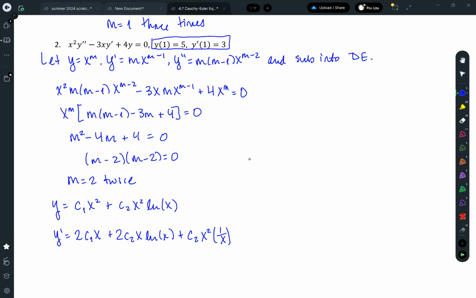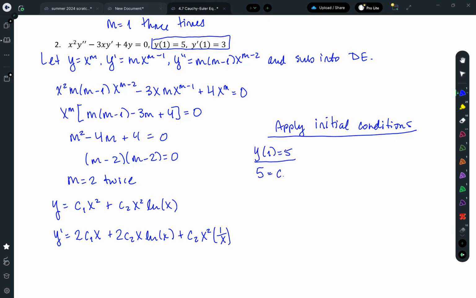So apply initial conditions. y of 1 is 5. That's going to give us 5 equals c1 plus c2 times 1 times ln of 1. But ln of 1 is 0. So this whole thing goes to 0. And this means c1 is 5.